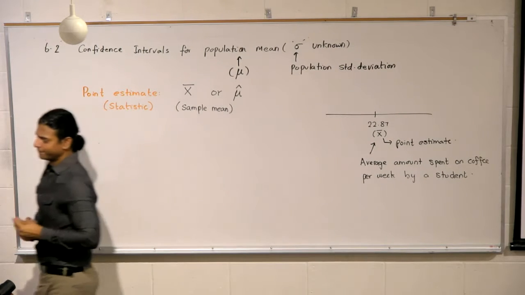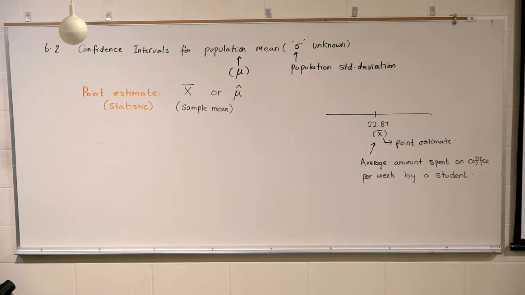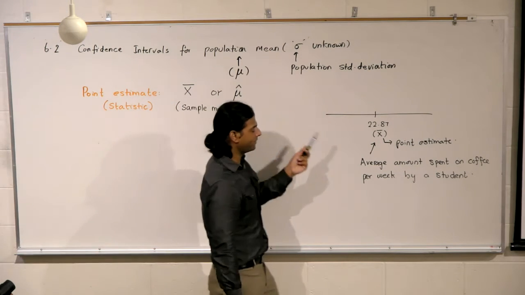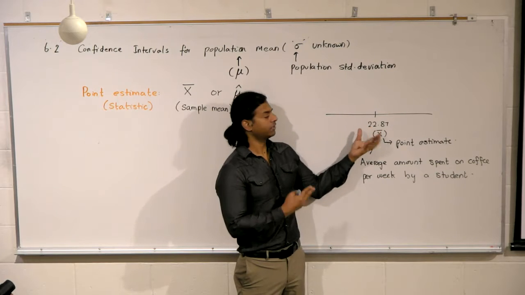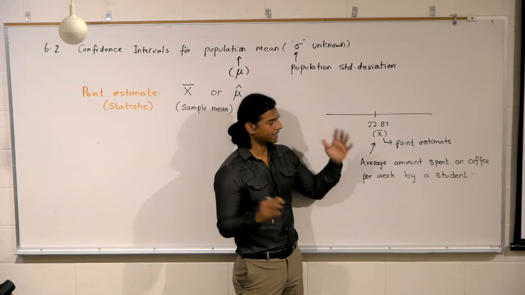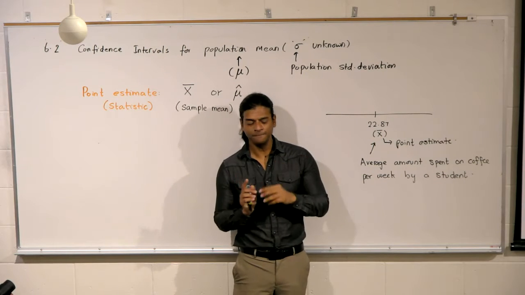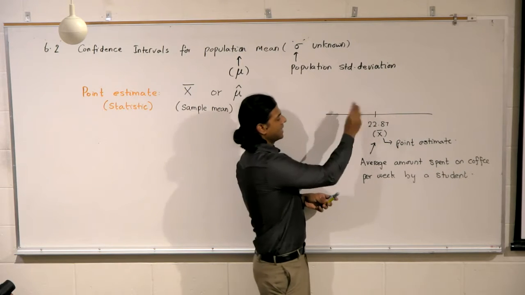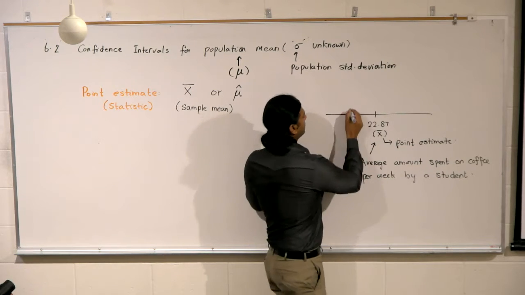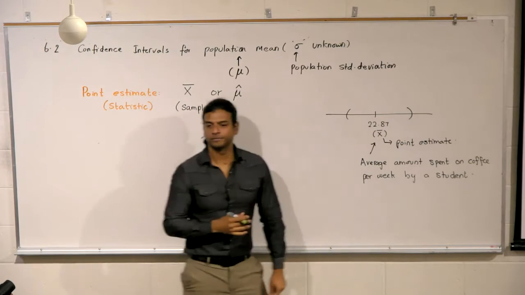Here is a question. If I went and collected a different sample, do you believe I'll get the same average? No, right? It is not realistic to expect that. It will definitely change. But if the truth is going to be around this value, I can form an interval to say that if I go and collect different samples, it is likely to fall between two numbers.